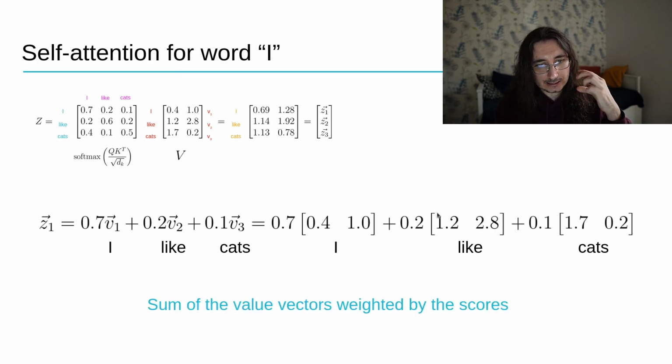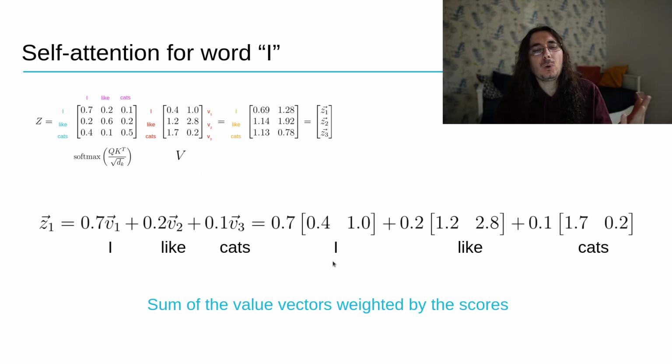Okay, so in other words, in order to come up with the attention for I, we have the sum of the value vectors weighted by the scores, and these scores are associated with different words. So this 0.7 is associated with I, this 0.2 is associated with like, and this 0.1 is associated with cats.